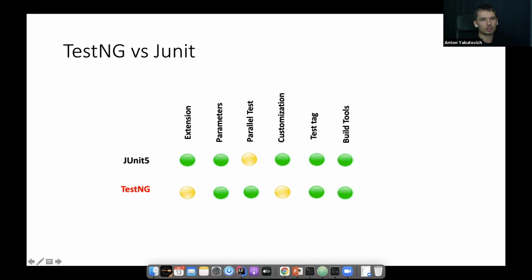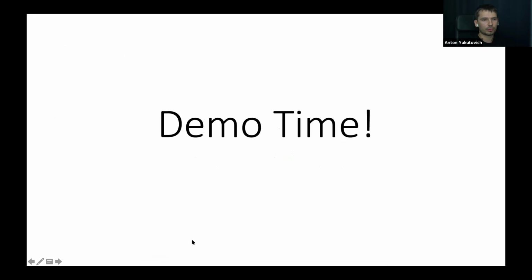I think this is really powerful because no one wants to rewrite the project from scratch. JUnit 5 gives you the ability to proceed, and it doesn't force you to rewrite everything. You can just slowly move forward.